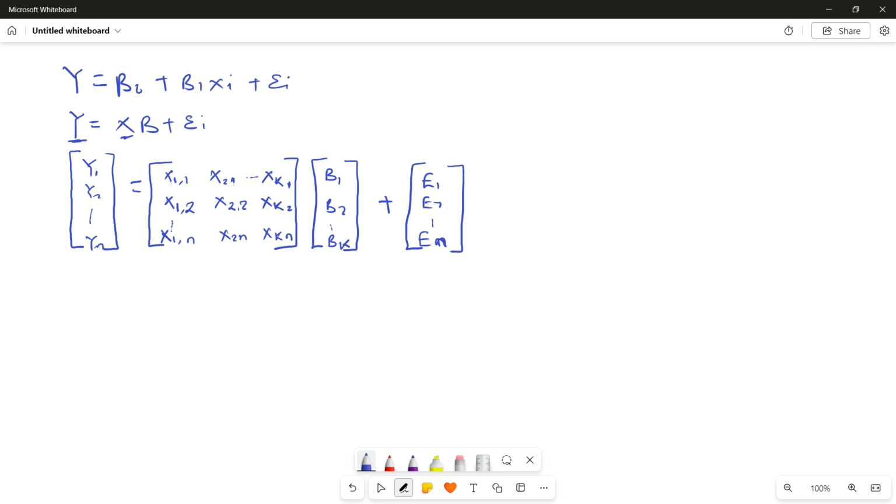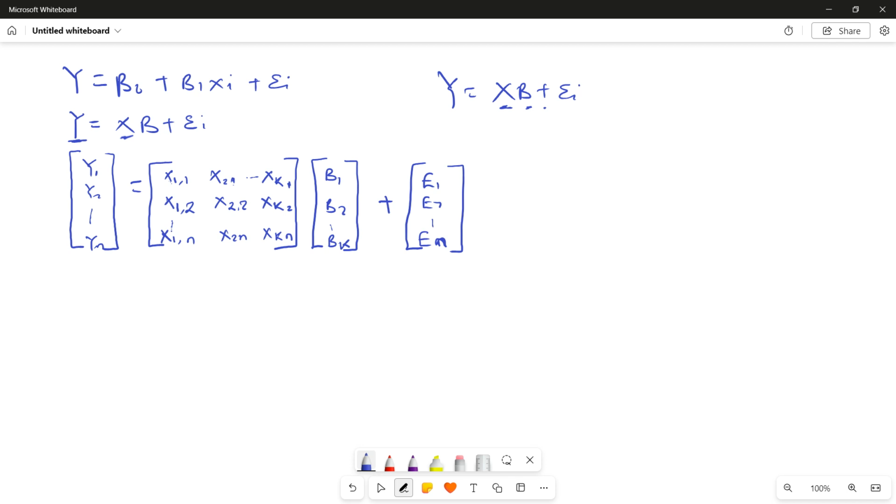So what we are saying is that we're using the same model, y is equal to xb plus the error term. This y is a vector of y variables. This x is represented by a matrix of the explanatory variables, and for the betas, we have a vector that contains all the betas, plus the error term.